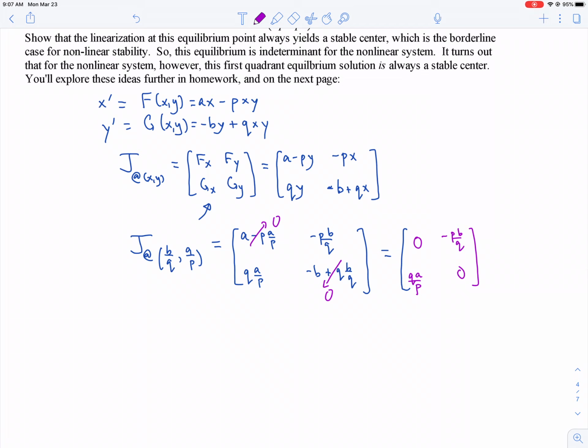Let's compute the characteristic polynomial, because we're trying to understand the stability at our first quadrant equilibrium solution.